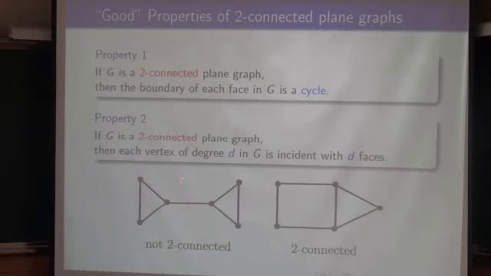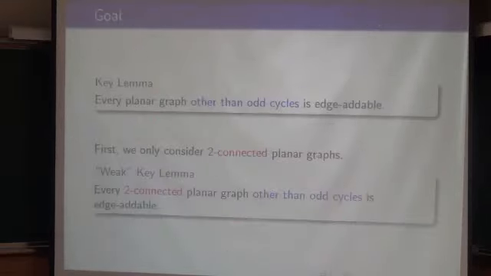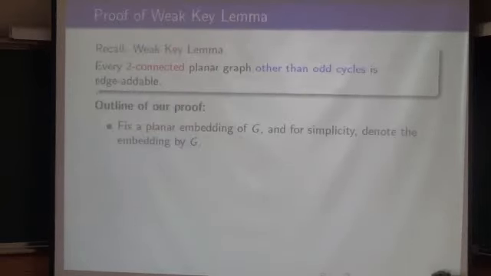But in the case of a 2-connected graph, we can show this is true. So these two properties will be used to show our weak key lemma, and that's why we first need to think about 2-connected plane graphs. Okay, so let's show the weak key lemma.